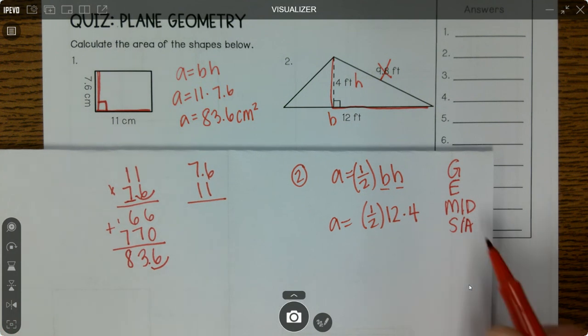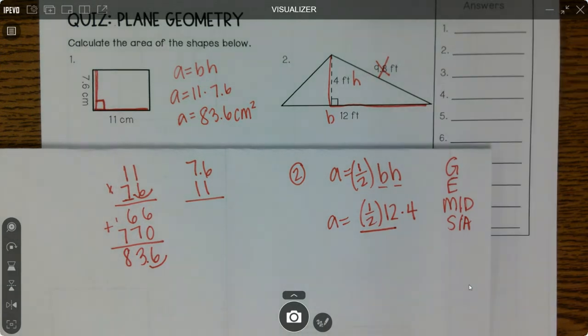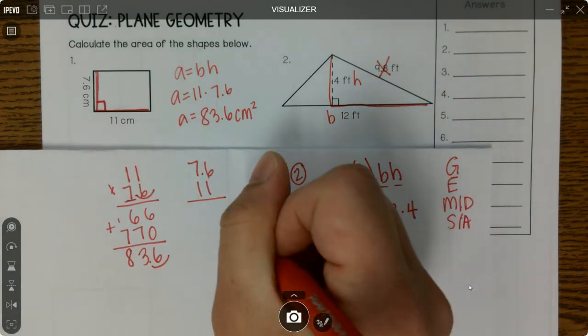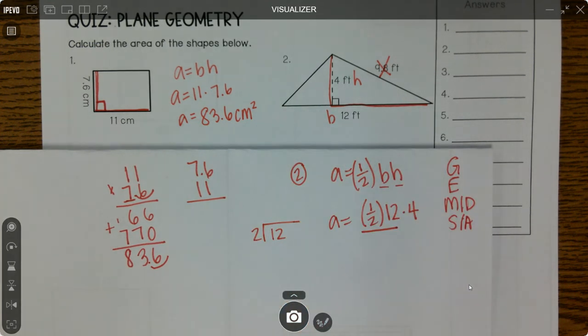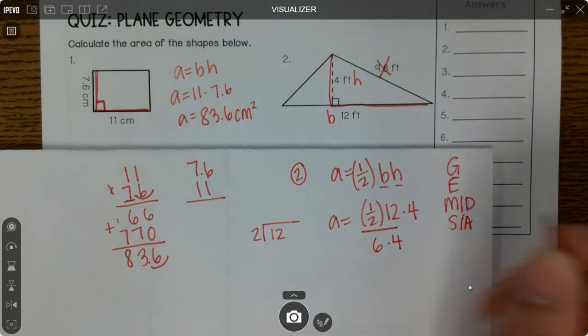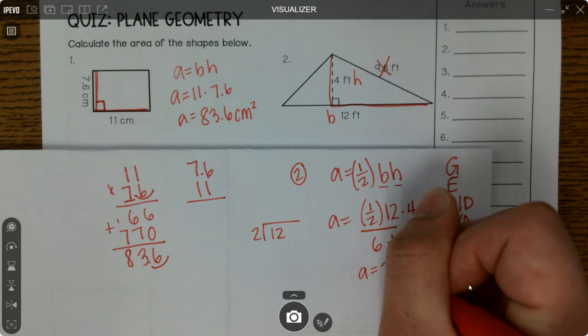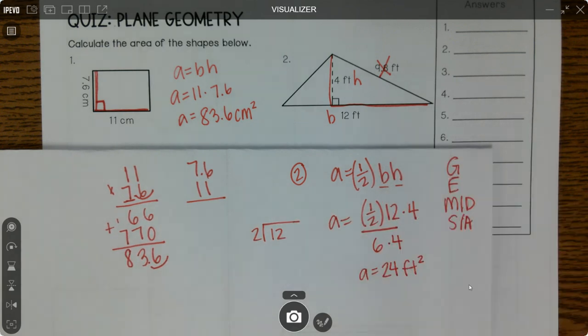I don't have exponents, but I do have multiplication. I have two sets. So I'm going to actually go left to right. And I know that multiplying by 1/2 is the same as dividing by 2. So 12 divided by 2 gives me 6. Bring down my 4. I get an area of 24 feet squared. Yes?